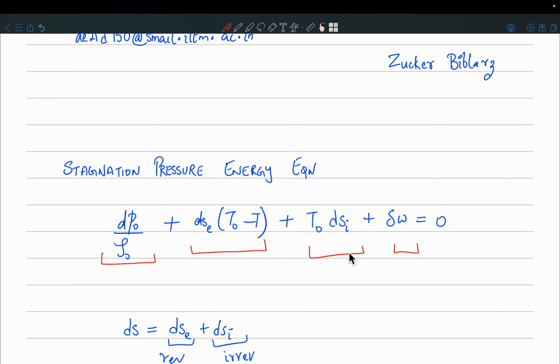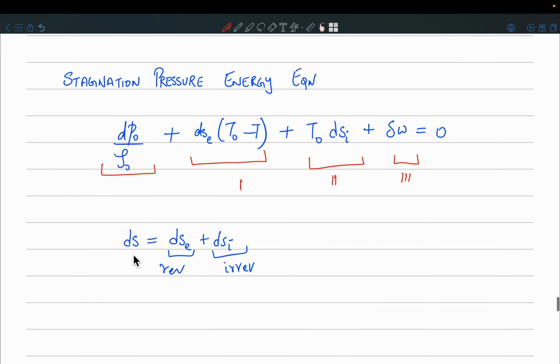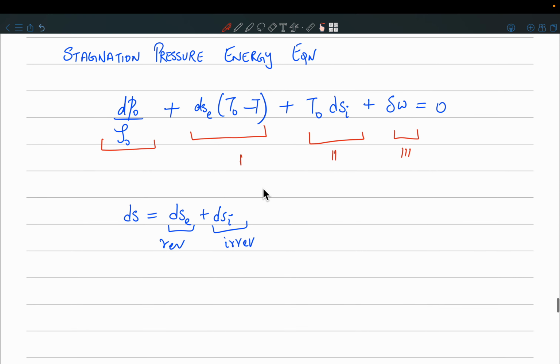So these three reasons will change the stagnation pressure. Now why is this important? Because the moment you have a shock, there is an irreversibility. So the stagnation pressure is going to change across a shock.